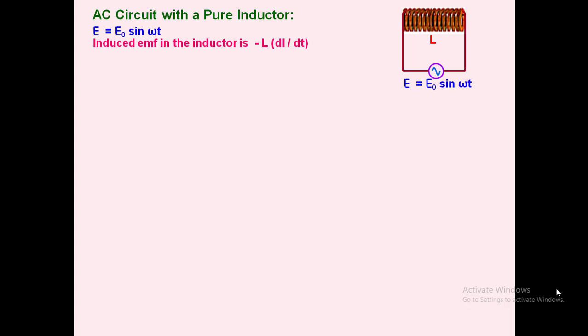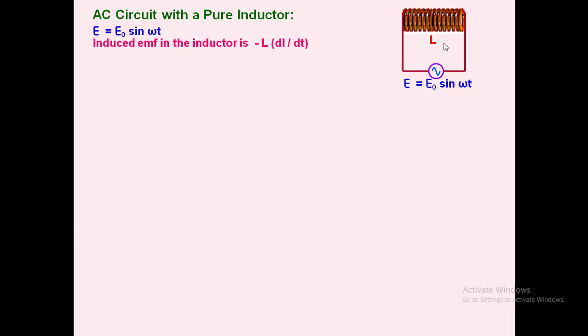So, whenever the current varies, the magnetic flux linked with the solenoid coil will also vary. Whenever the flux linked with itself varies, it will induce EMF, and this EMF is nothing but self-induced EMF or back EMF, which is going to oppose the source which is going to produce it.